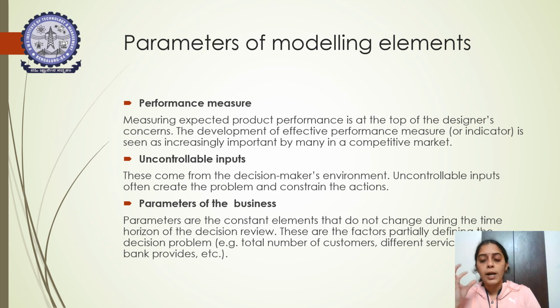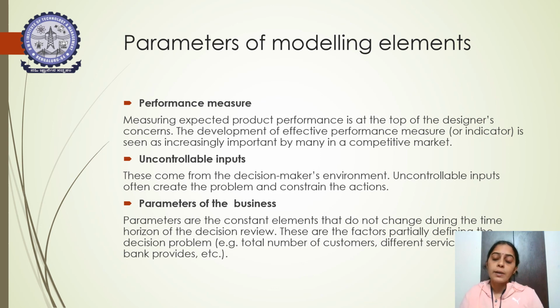So in any product that you manufacture, you'll be having the controllable inputs as well as uncontrollable inputs. So this helps in identifying what the uncontrollable inputs are and how to overcome the problems associated with them, and then the parameters associated with the business. These parameters are the constant elements that do not change during the time of the decision review.